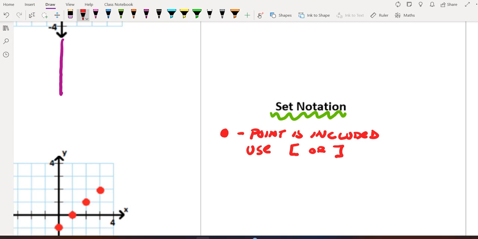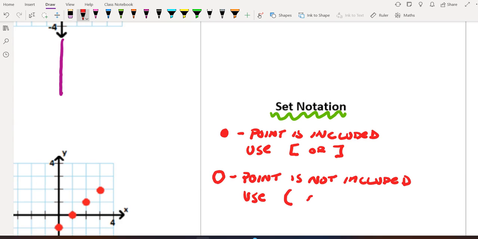If you have a hollow point, which means, remember, the point is not included, we use round brackets.